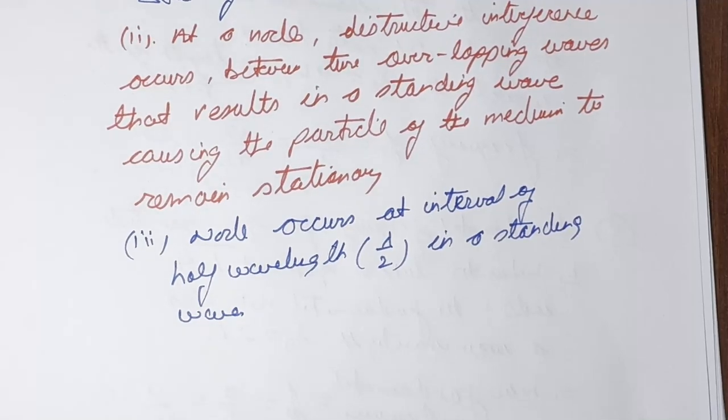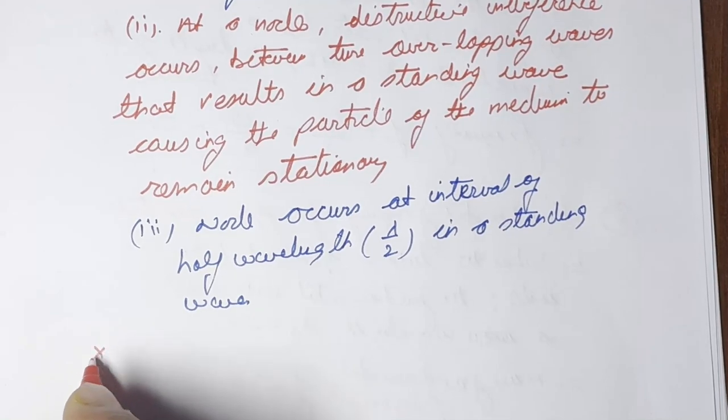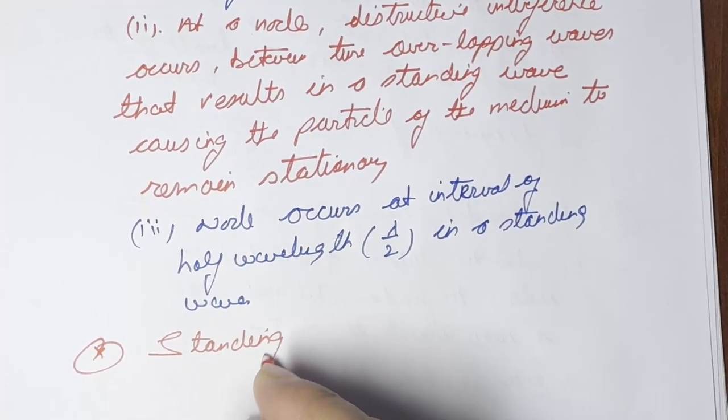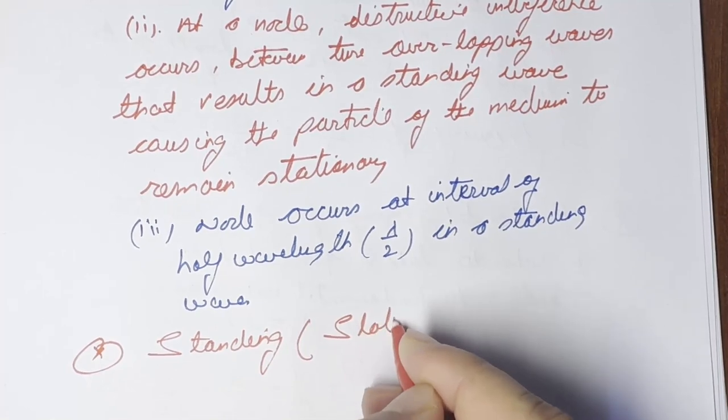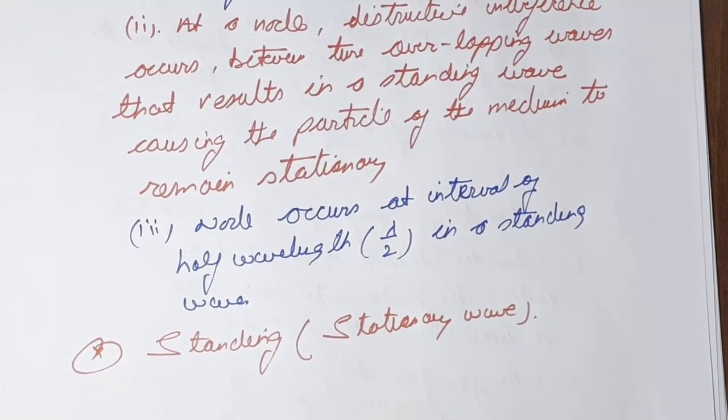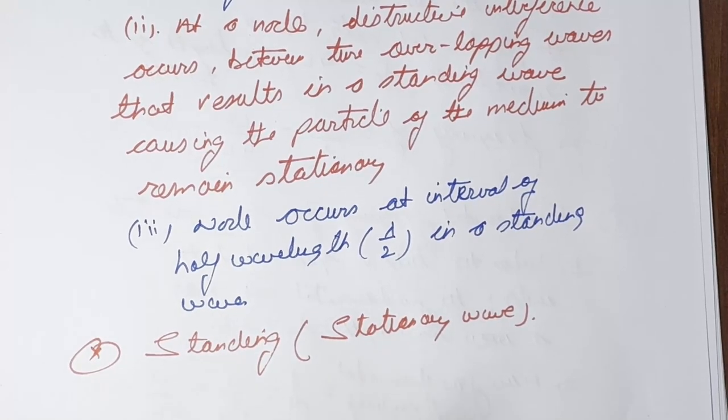A stationary wave is a result of superimposition of two waves, and these two waves should have the same frequency, same wavelength and same amplitude. This is very important in the formation of a stationary wave or standing wave.